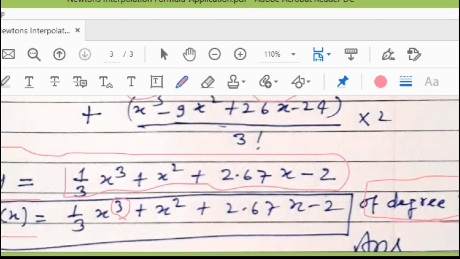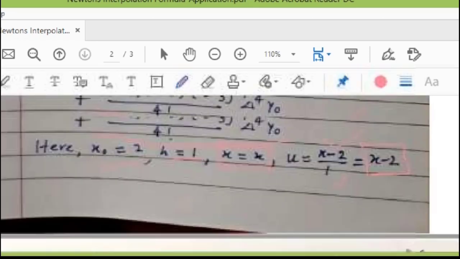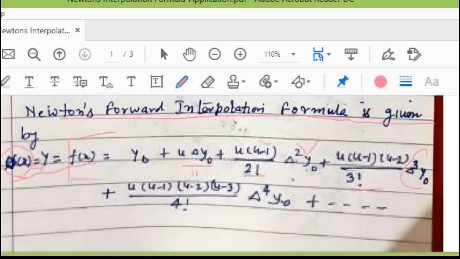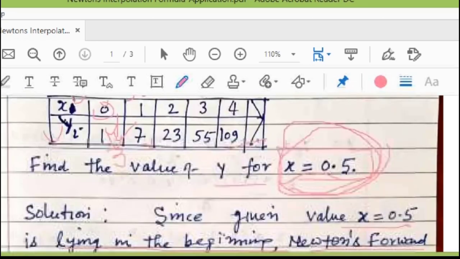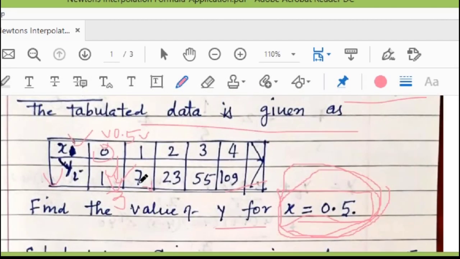Suppose you want to extrapolate, I just take this example. This is x naught, so extrapolation can be made somewhere here.